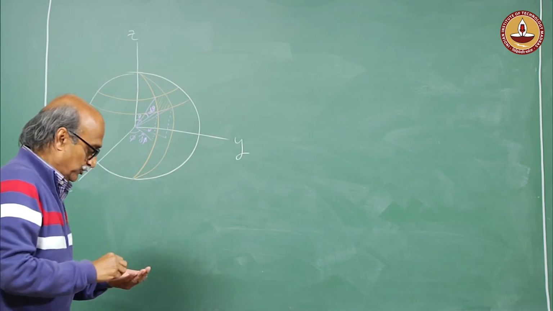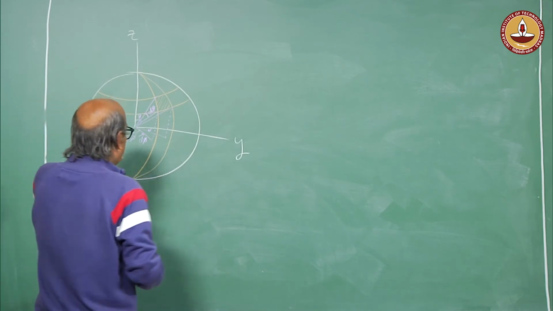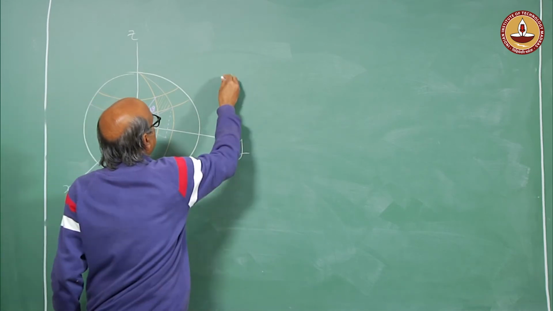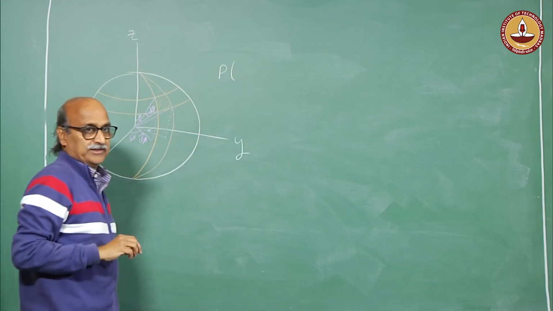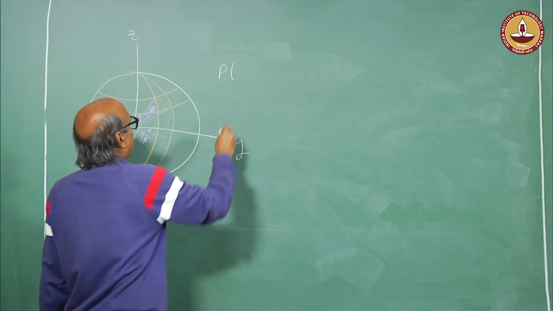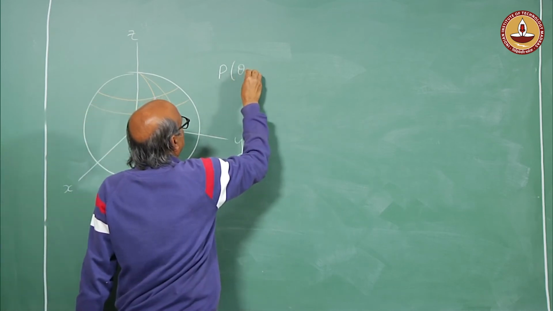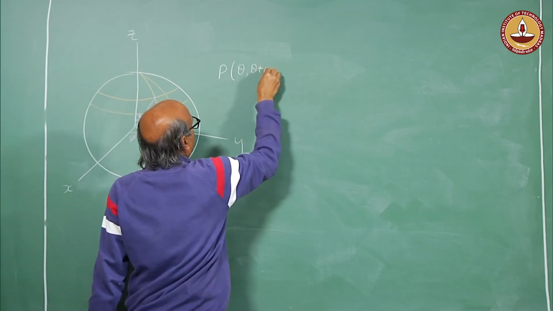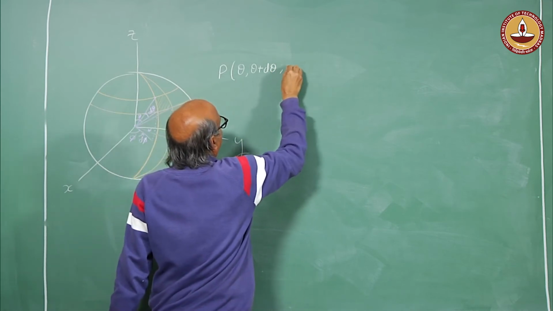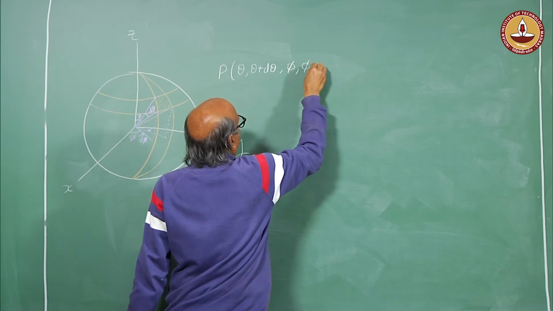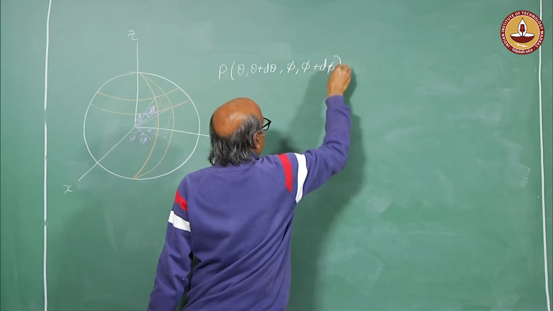Okay. So, now it is a simple matter by saying that the probability that a random orientation lies between theta and theta plus d theta and phi and phi plus d phi.